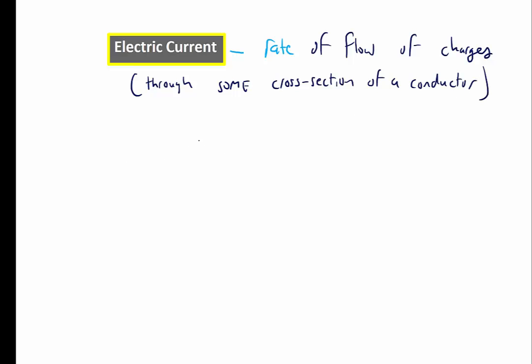The equation that we're going to use for current is given by the symbol I. You can very much think of it like current in a river, except the rate of flow of gallons of water over some amount of time. This is the rate of flow of charge.